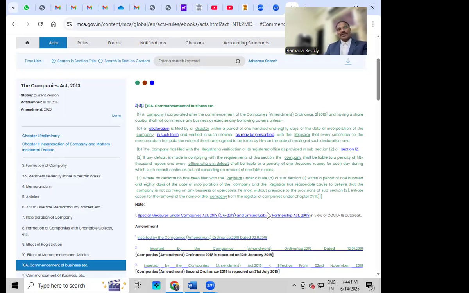So if ROC has reasonable cause to believe that this company is not carrying on any business, then he may strike off the company also. This is the consequence. This is what is under section 10A, and this is about filing of INC-20A form. This is commencement of business. Hope we are clear.